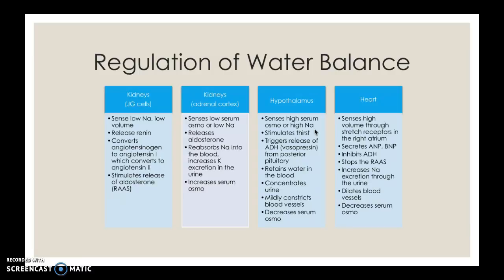Now the heart has sensors that sense when there's a high blood volume and high blood pressure, and that stimulates ANP and BNP, atrial natriuretic peptide. And this inhibits ADH, so that means the kidneys would not hold on to water. It inhibits the renin release, so you would not hold on to sodium.